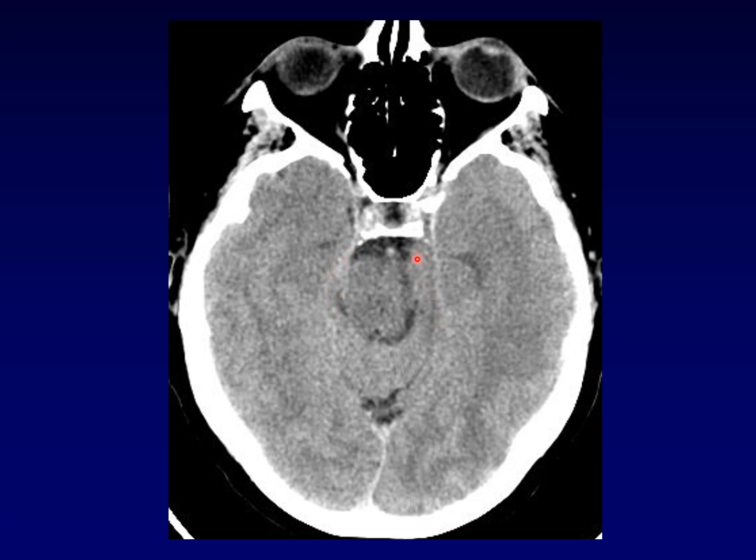If a piece of uncus flips over the edge of the tentorium cerebelli and crushes the brainstem, we call that uncal herniation, and this can be a devastating event for the patient. You can injure the third cranial nerve and cause the pupil to expand, and you can cut off the blood supply to the entire posterior circulation.